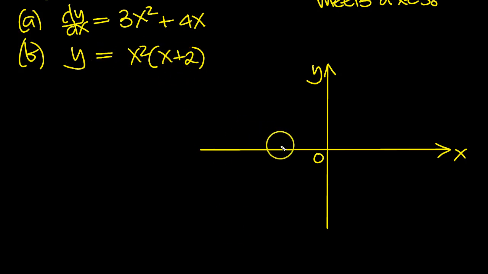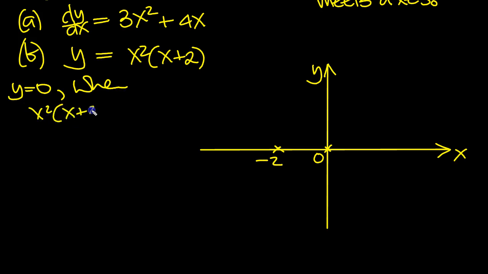This is 0 when x is minus 2, and it's also 0 when x is 0. So y equals 0 when this is 0, and that implies that x equals 0, and also when it's minus 2, which we've marked in here. dy/dx equals 0.